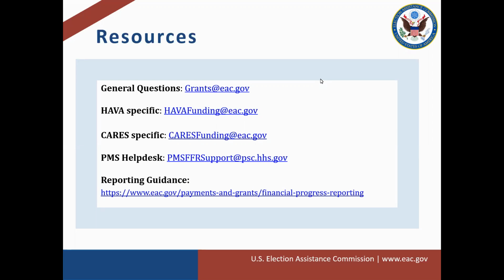So as we said, if you are earning interest on your CARES fund, you are supposed to be tracking that, and you do have to return that if you don't spend it by the end of the federal period of expenditure. So when you combine different grant monies into one account, you still have to be able to track them separately and differentiate how much interest was earned by each of those pools of money.